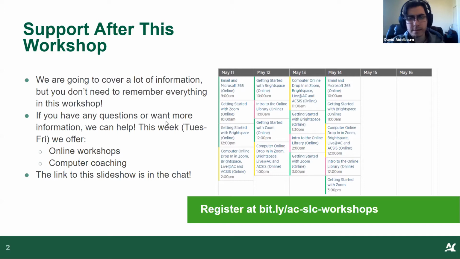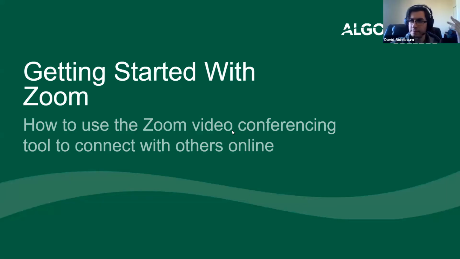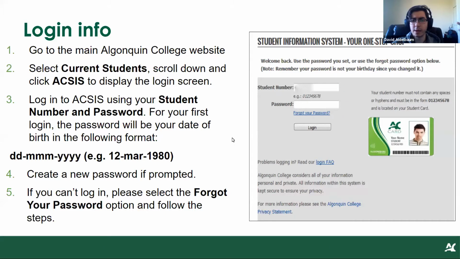But the first half we're going to start with is Zoom, basically the video conferencing tool we're using right now. Before I start with Zoom, we will talk about how to get your network account info, which is basically the info that's going to get you your school email and also get you into Brightspace.